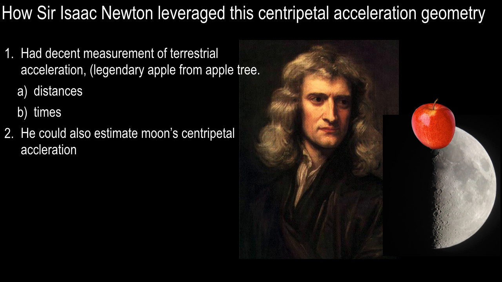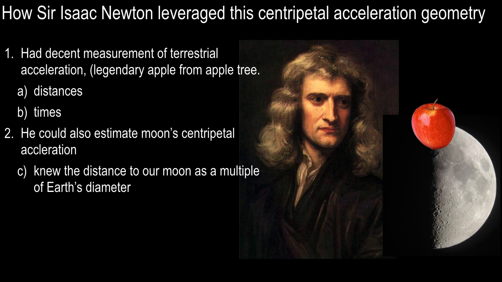The other thing that they were able to do was estimate the moon's centripetal acceleration. The reason that they could do that is because they knew the distance to the moon from Earth, center to center, as a multiple of Earth's diameter. And Earth's diameter was known in his day.